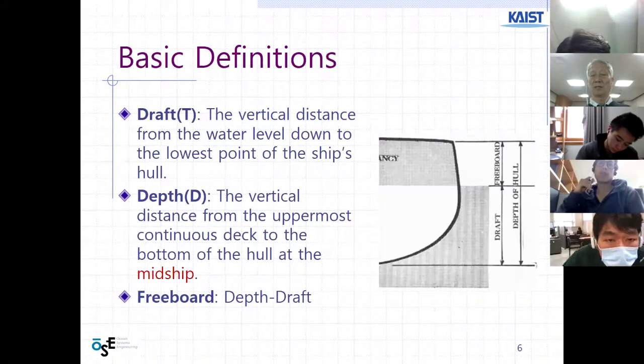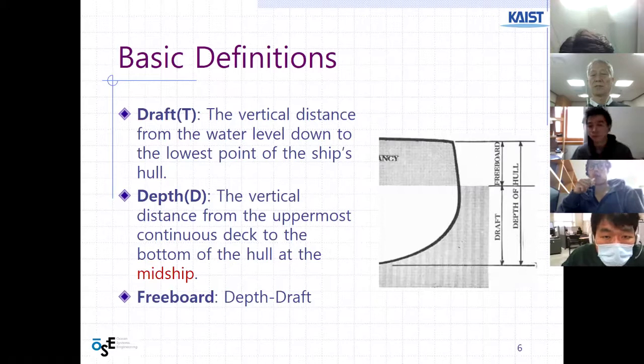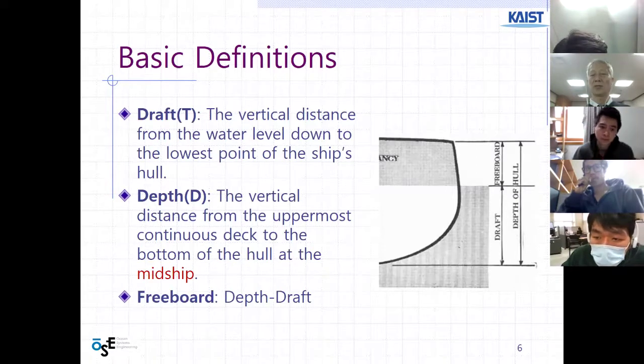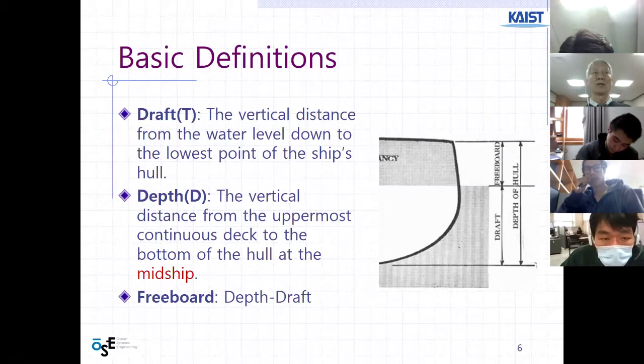There is a draft. Draft is submerged depth in general terms. But there are many cases, right? Draft changes depending on the cargo loaded situation. The oil tanker is simple because they transport oil between 2 points, loading and unloading, and loading and unloading. So empty and full, and empty and full.